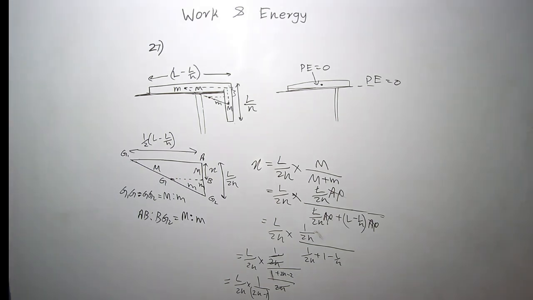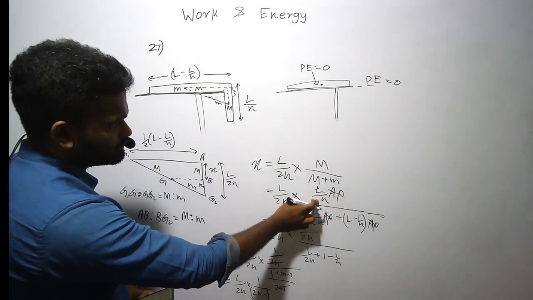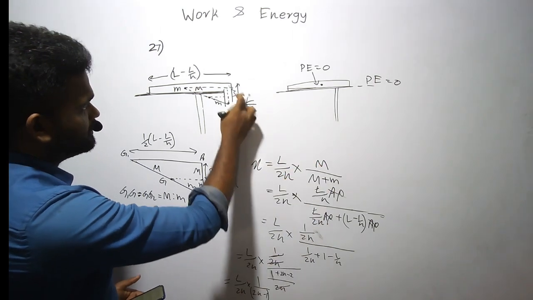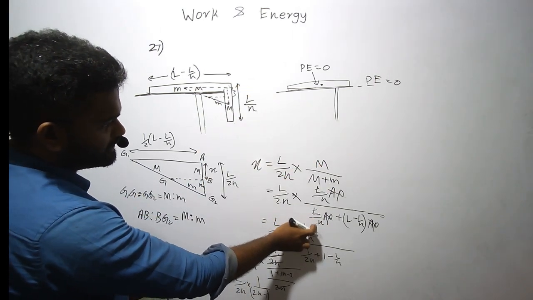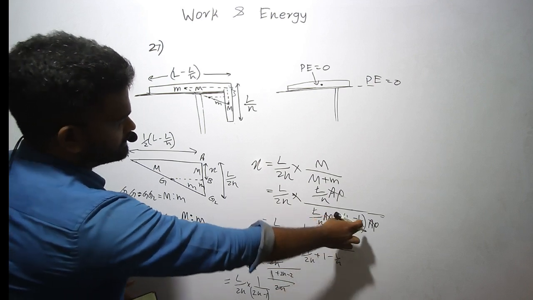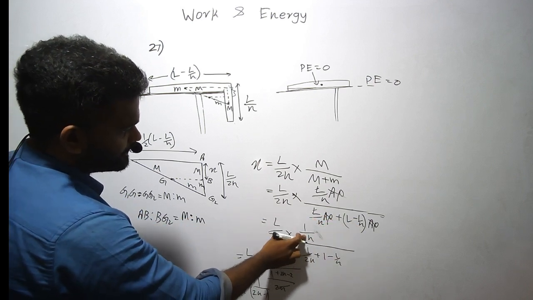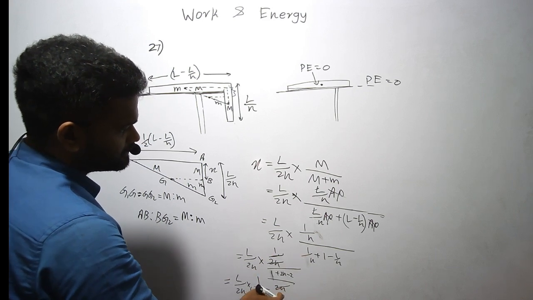Is there an error there? It is L over n, right? Not 2n. Capital M is L over n. Here also L over n. Okay, the rest is okay. 1 over n.